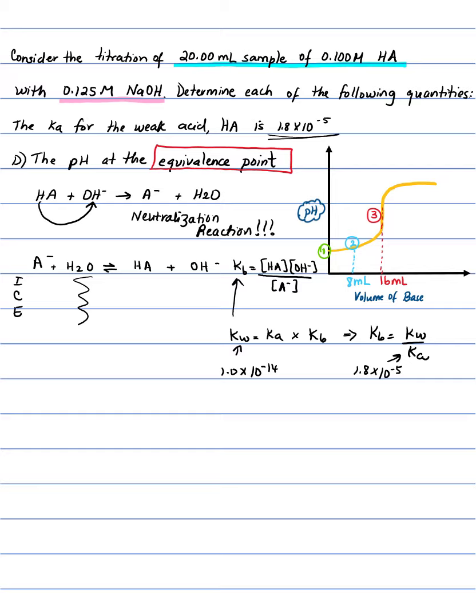So you can calculate the Kb value. Now this is a dissociation equation. You have the conjugate base reacting with the water to give you your products of the weak acid molecule and the hydroxide ion. Now we need an initial concentration of that conjugate base, right?